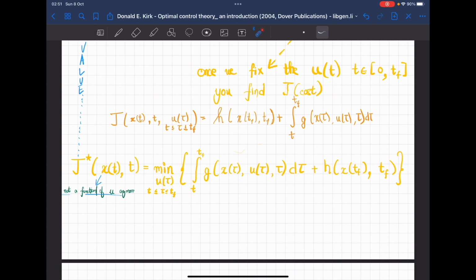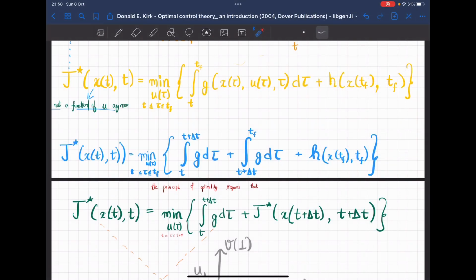So I am writing this equation as this here. So J star is, given all controls, I choose the minimum one, then J star is given by this.